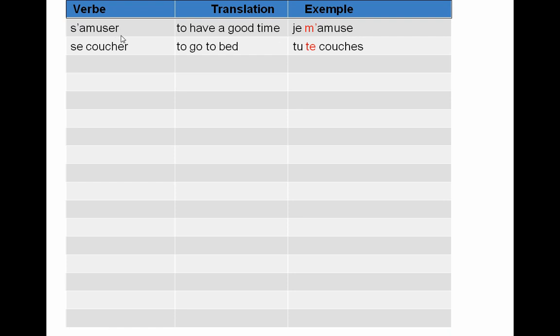Sorry, I gave you just now the second example. Se coucher, to go to bed, and then I pick tu, so tu te couches, which means you go to bed. Okay? Se détendre, to relax. Il se détend. S'en aller, to go away, to leave. Elle s'en va.